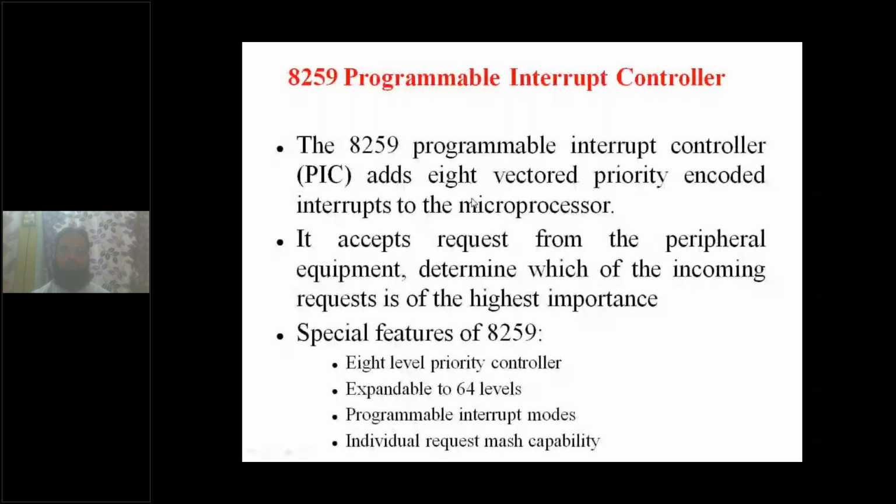So each 8259 IC can handle 8 different interrupt signals. If you extend 8259 further, you can handle 64 different interrupt signals. Just by connecting one 8259 with 8 different 8259s, you can handle totally 64 interrupt signals.